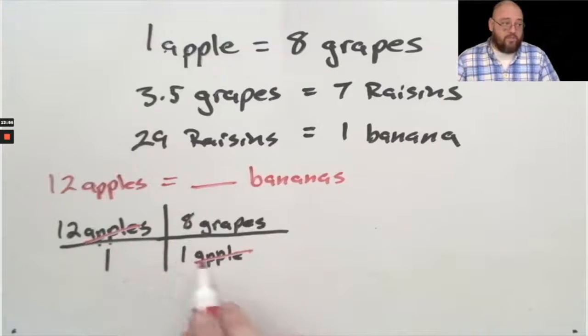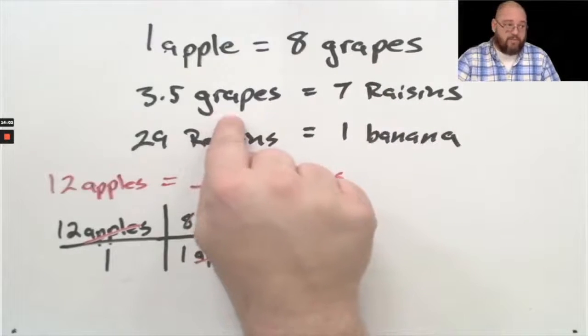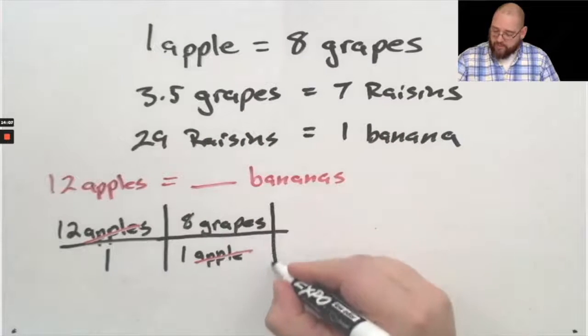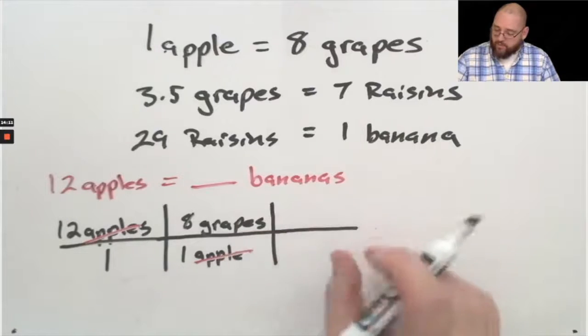Now that cancels out my apples. Notice I'm crossing out the units, not the numbers. That cancels out my apples, but it leaves me with grapes. I want bananas. So now I have to take my grapes and go to raisins. So if I have 8 grapes up here, I want to have grapes down here.